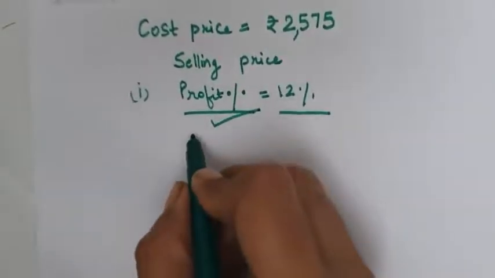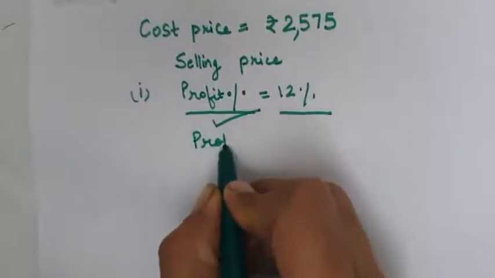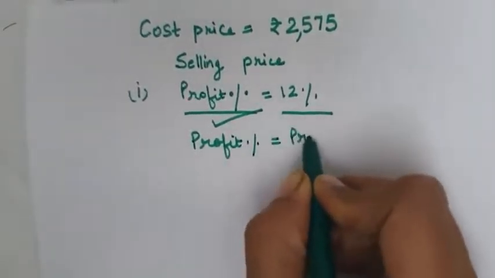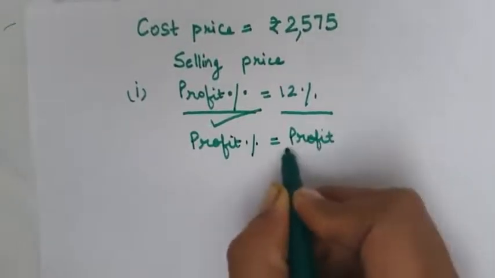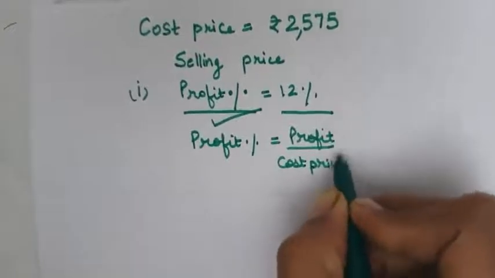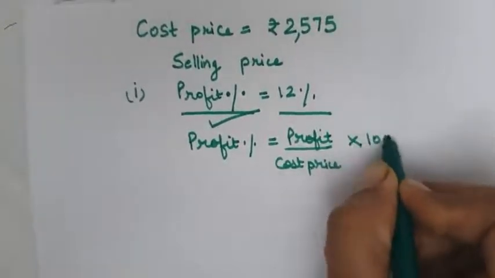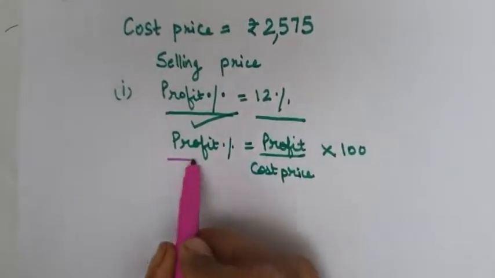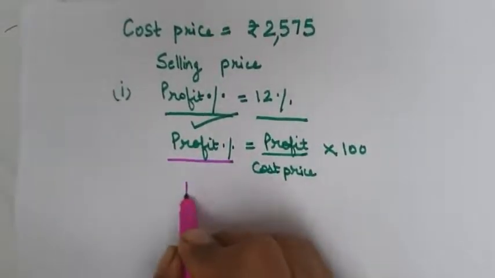Profit percentage is profit upon cost price multiply 100. Profit percentage is 12%.